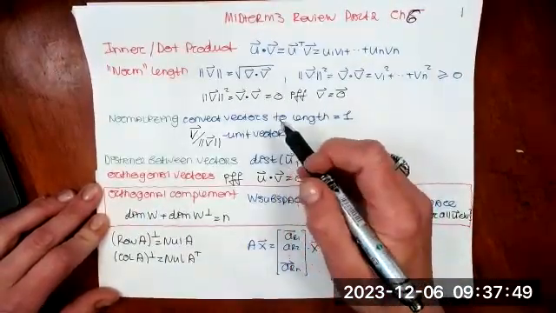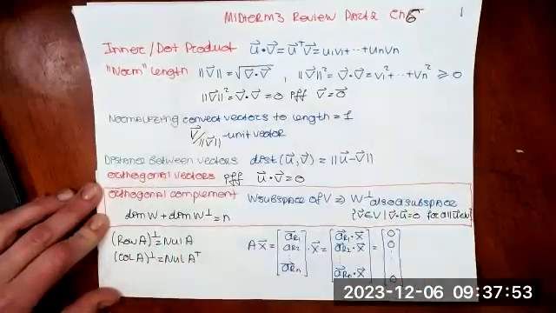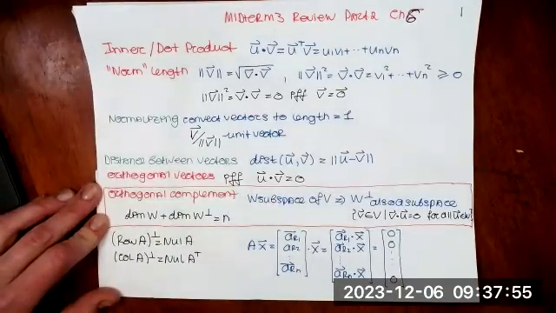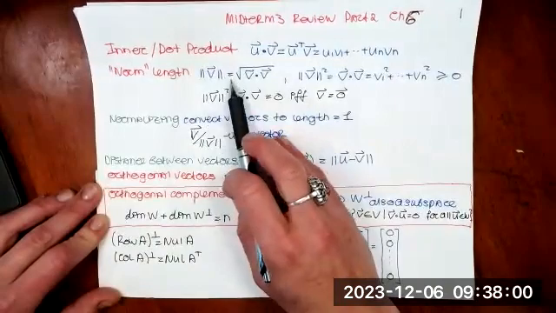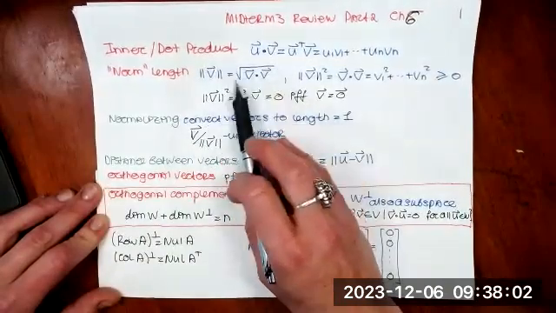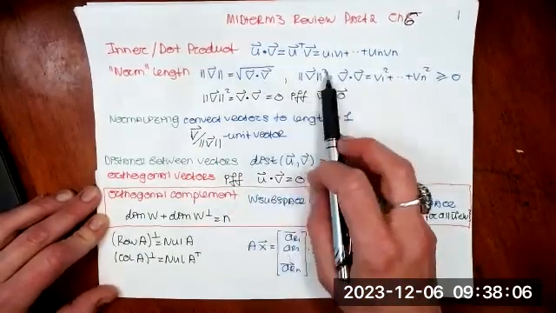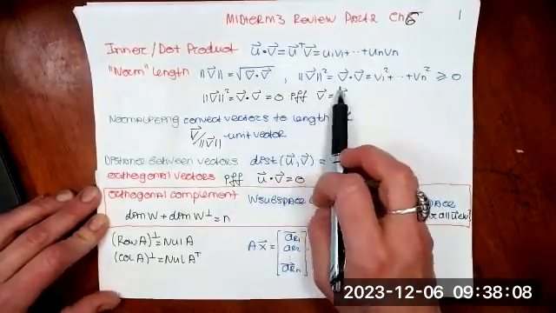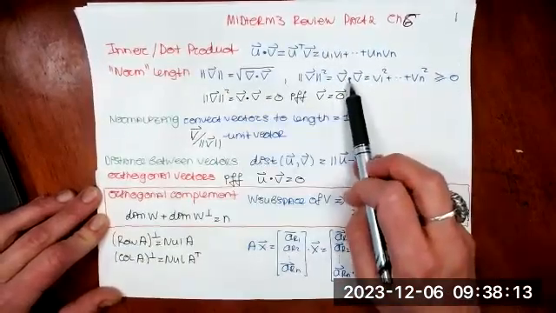With this notion of dot product, we redefine some familiar quantities like the length of a vector. We call it the norm. The length of a vector would be the square root of the dot product of the vector with itself. Sometimes you just compute the square of the norm first so you don't use the square roots, you just get v dot v.